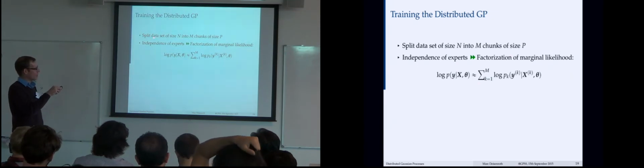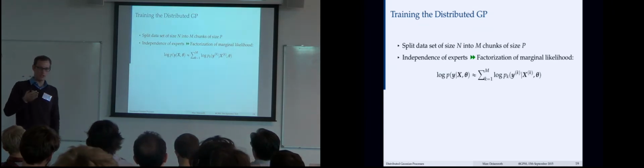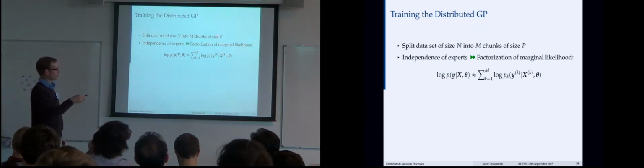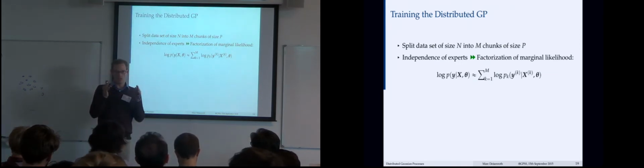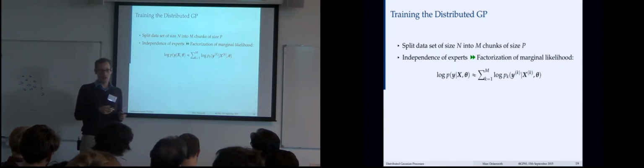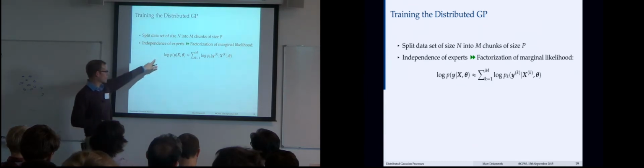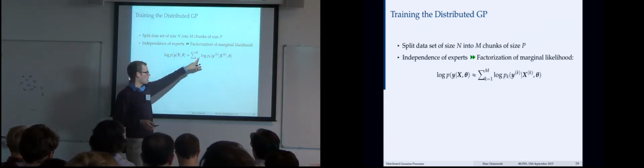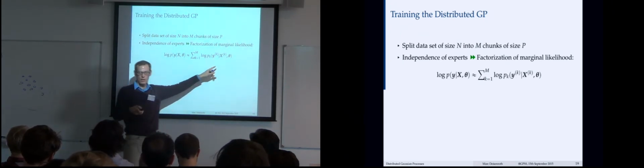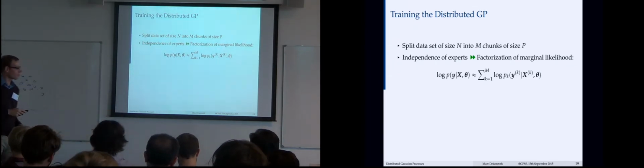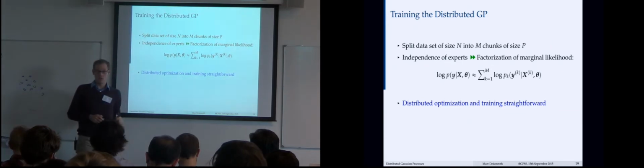If we have our original data set of size n, and we split this into m chunks, each of size p, and we make the assumption that all of these Gaussian process experts that operate on these chunks are independent, then the marginal likelihood factorizes, and the log marginal likelihood is approximated by the sum of the marginal likelihoods, which can be computed by each expert independent of the other experts. That means distributed optimization in training is really straightforward.